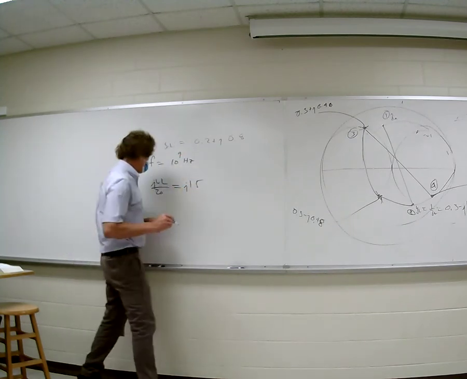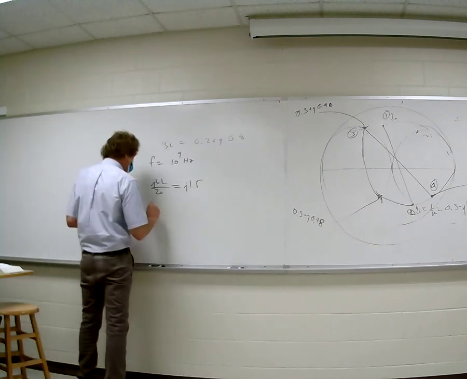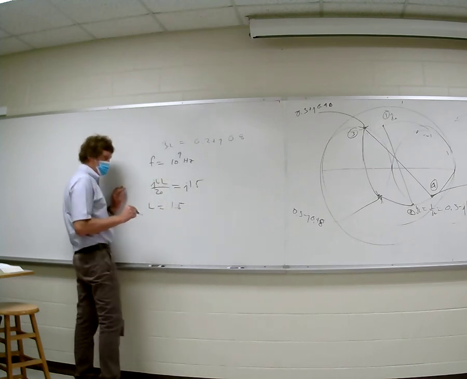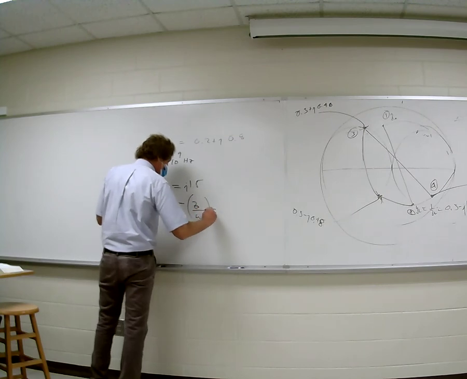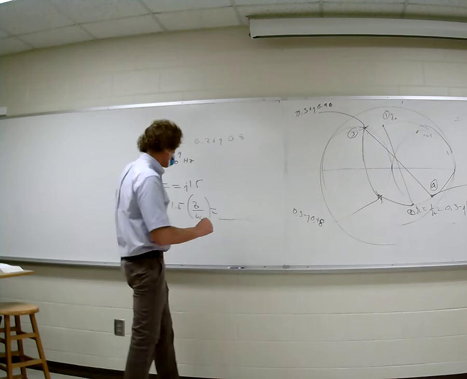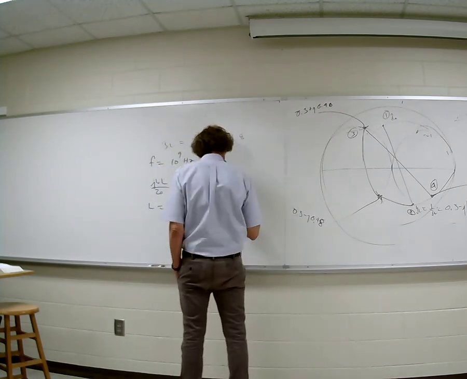If I want L, it's 1.5 times Z naught over omega, correct? What do you get for that anyway? 11.9 nanohenries. Okay.